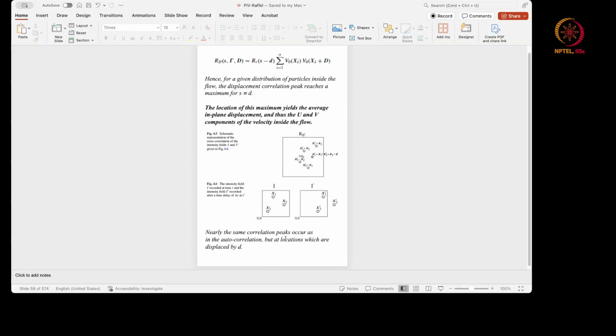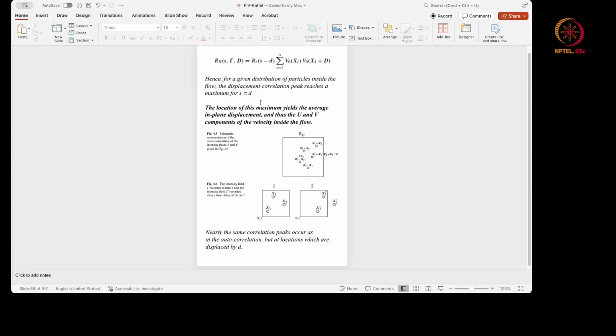As you can see from these images, nearly the same correlation peaks occur as in the autocorrelation, but the locations are displaced by D. When S equals D, we get the maximum displacement peak for a given distribution of particles.